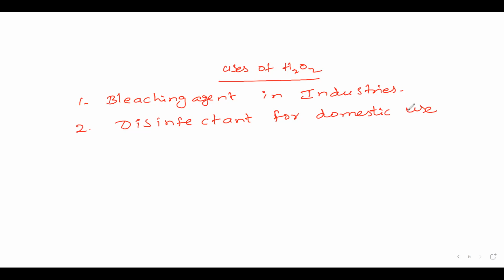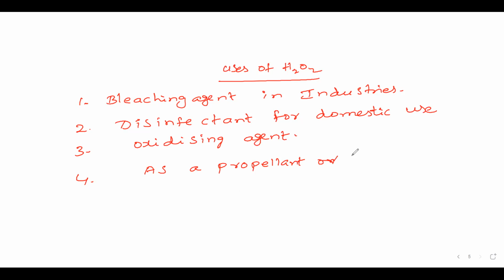Next, hydrogen peroxide is used as a good oxidizing agent in the lab because it oxidizes many compounds. And finally, it is used as a propellant or fuel in submarines and rockets.